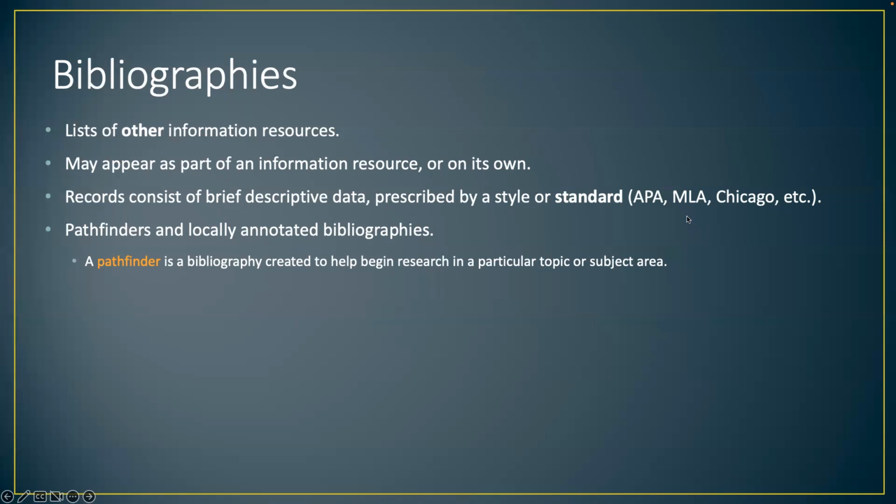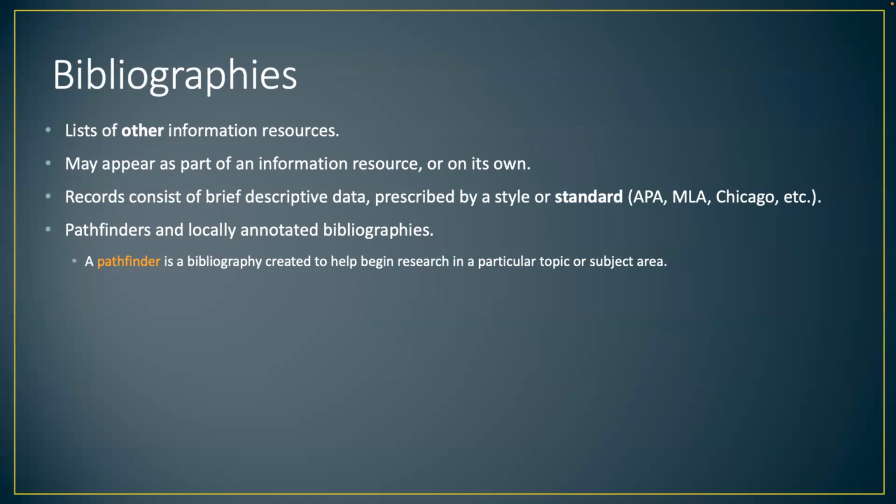And you are definitely familiar with many of these standards, APA or MLA or Chicago, etc. And one specific type of bibliography is a pathfinder. A pathfinder is normally defined as a bibliography to help begin search in a particular topic or subject area.